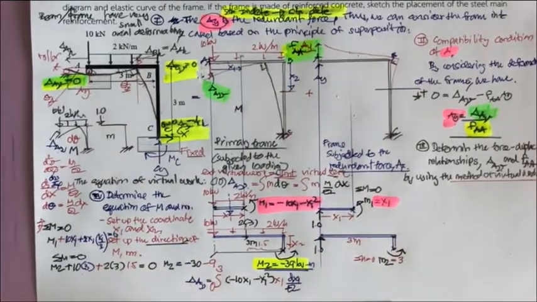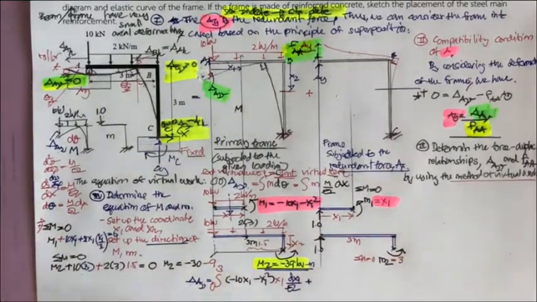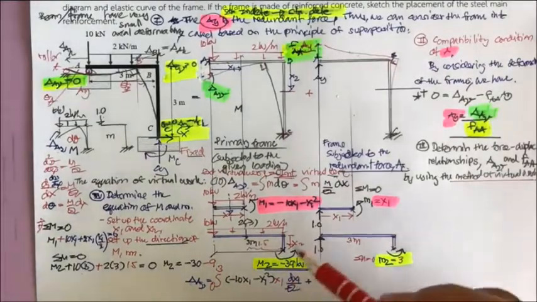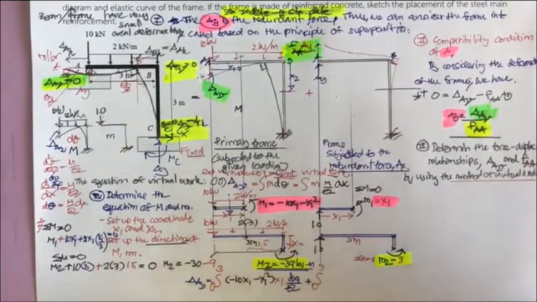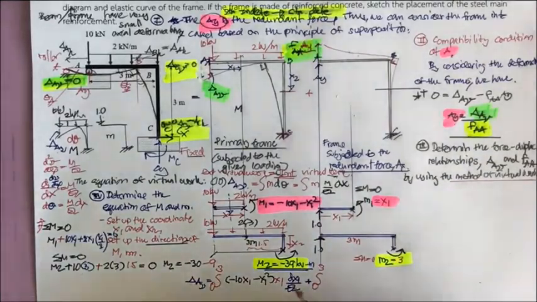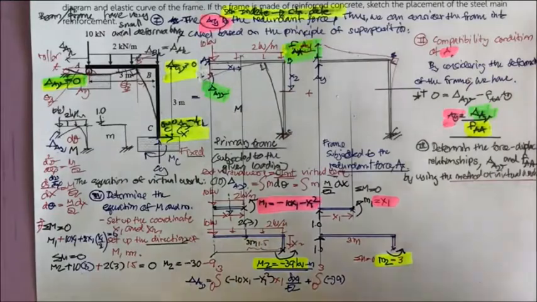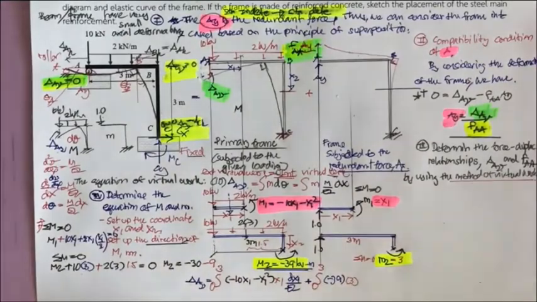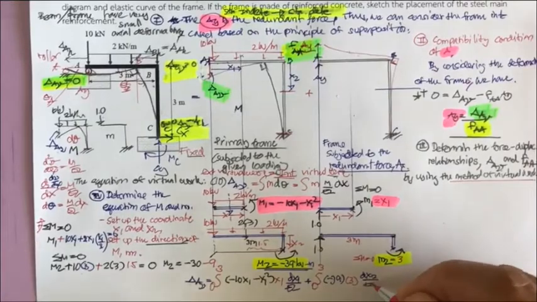That is the first portion of this, and then you plus, okay, for the second one, for this one, you integrate it from this to this, integration from 0 to 3, and then you get this for minus 39, and then times this by 3, and then you have dx2 by EI.